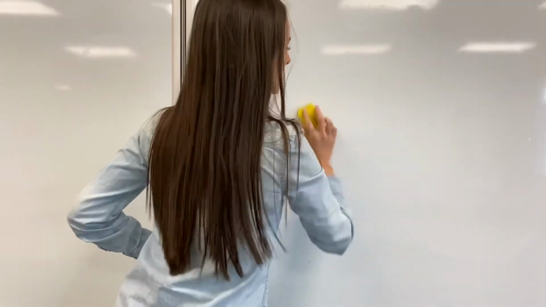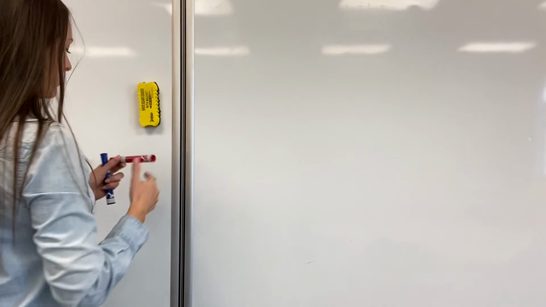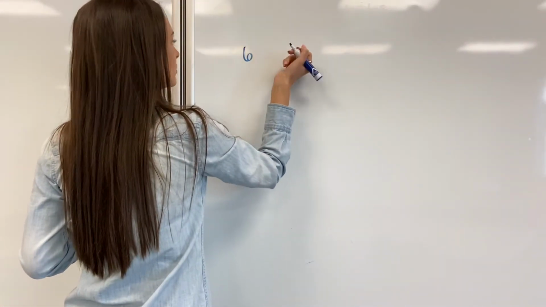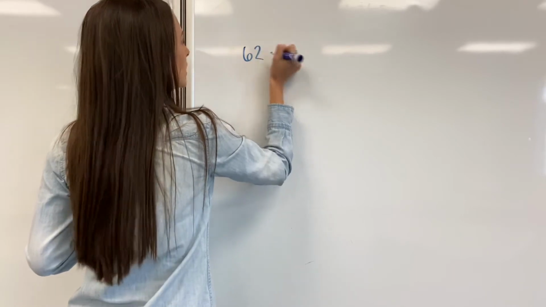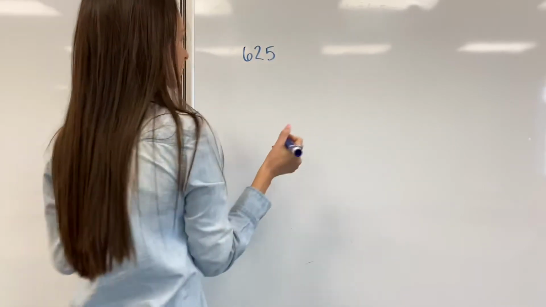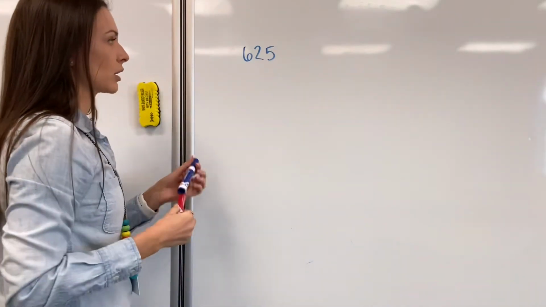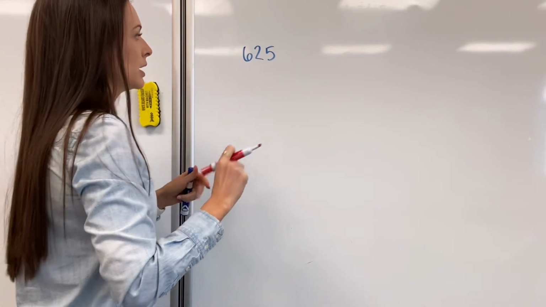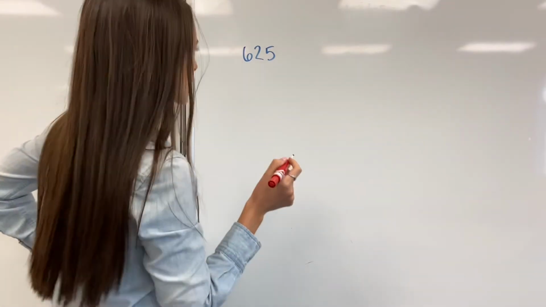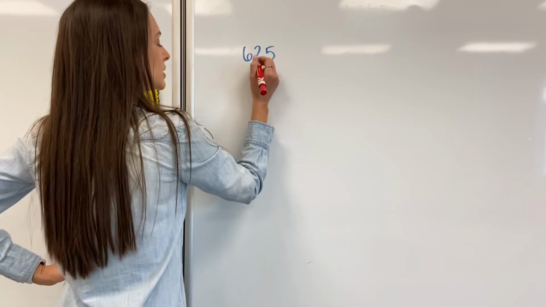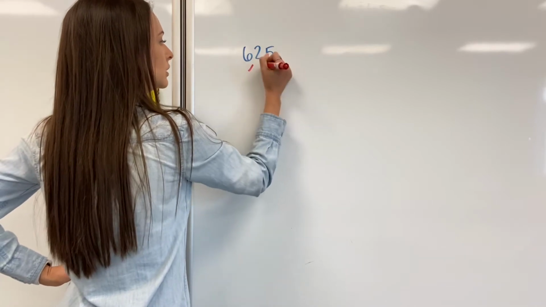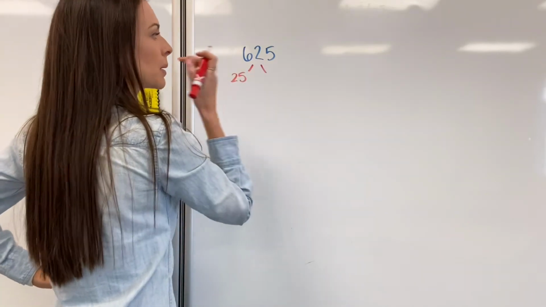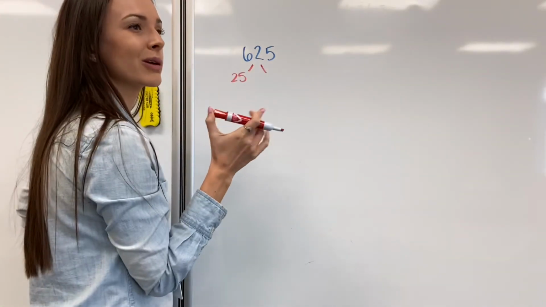Let's say that they're asking me to find the prime factorization of 625. So I'm going to start off with what I know. Let's say that 625, I could decompose into 25 times, let's think, I'm trying to do this without a calculator.